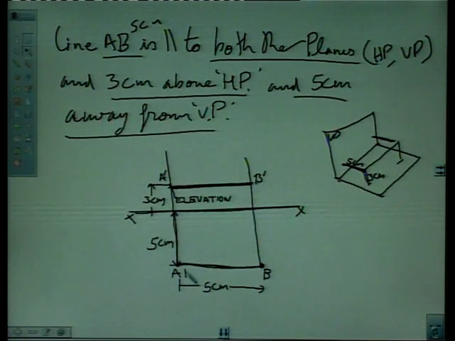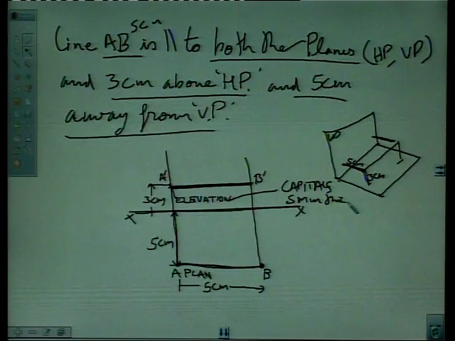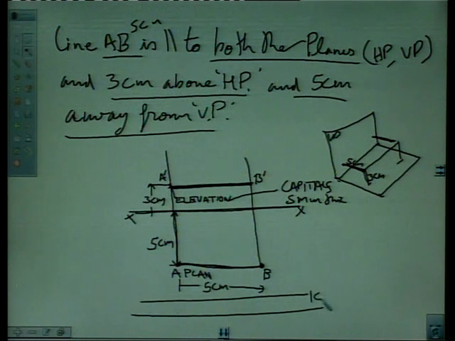Write headings in capitals, say 5 mm thick. And give bigger heading in 1 centimeter: again projection of given line AB, as we have done in previous question.